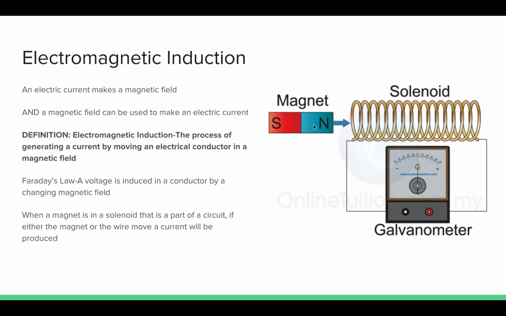The same thing if we had a magnet just sitting here and we pushed this solenoid over the magnet, it would also create an electric current. As long as the magnet and solenoid are moving relative to one another, then an electric current will be produced.